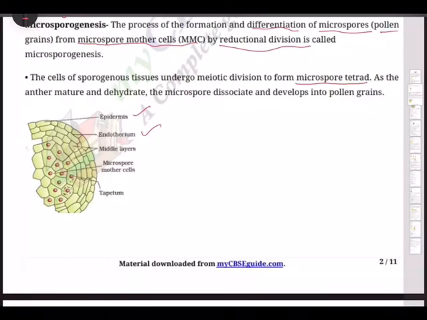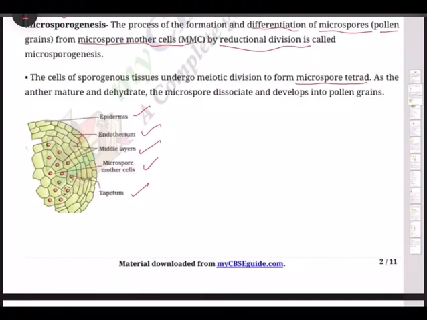You have epidermis, the outermost layer, endothecium, the second layer, and then middle layers, and then the most important one is the tapetum, the nourishment layer. Below the tapetum you can see microspore mother cells, MMCs, and these MMCs will form microspores, pollen grains.